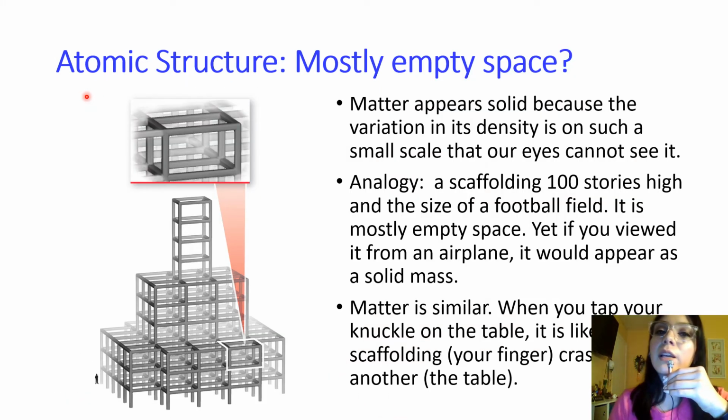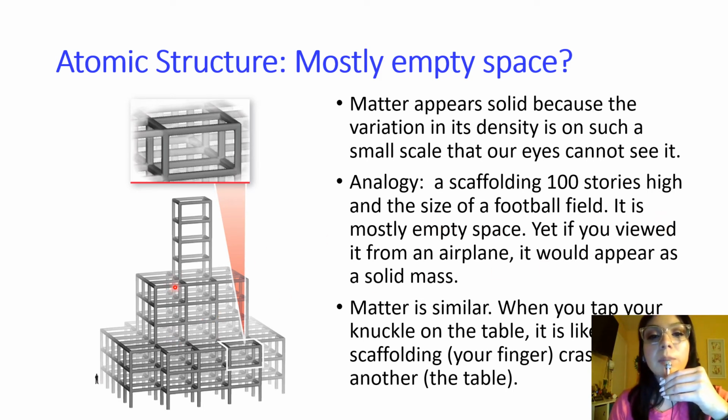Now, you're probably thinking, okay, if it's empty space, then why are we solid, right? Why is my human body solid? And this is because of the variation in its density. It's so small that we can't see it or feel it. So an analogy that can help you understand this is imagine that you are looking at scaffolding, like to build some sort of structure.